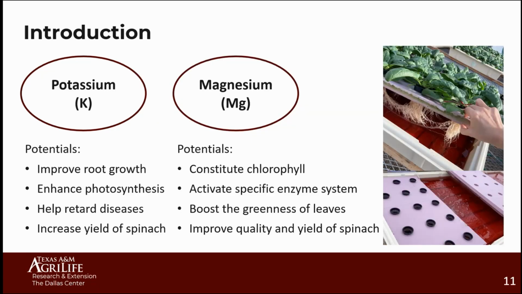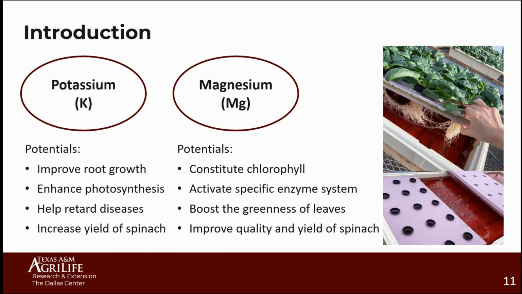Another problem we are encountering for spinach hydroponic production is nutrient solutions, which is more related to our topic today. The problem is that the nutrient solution recipes were mainly developed for other crops, not spinach.